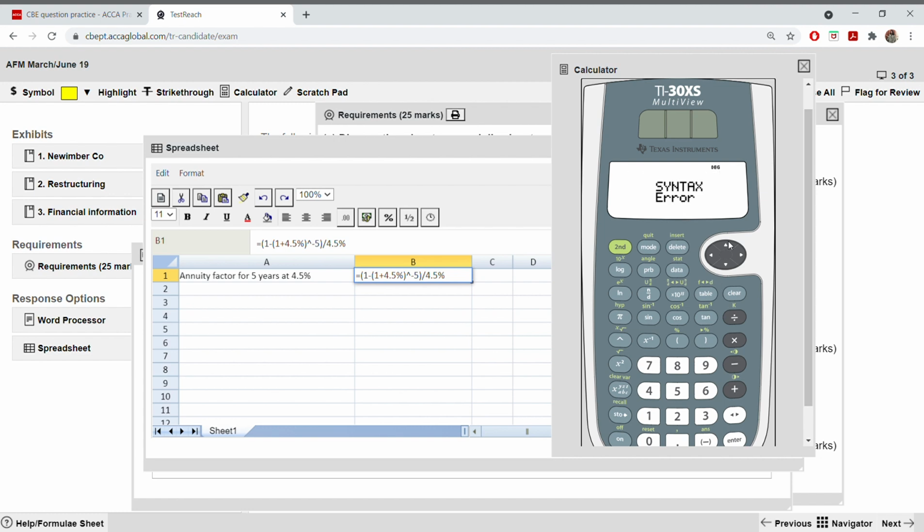Close the bracket. Divide by 0.045. Sorry. 1 minus 1 plus 0.045 to the power minus 5. The reason why this is happening is because of how I'm typing. Close bracket, divide by 0.045. So if you see, it's showing an error.